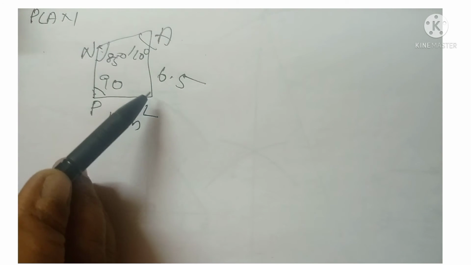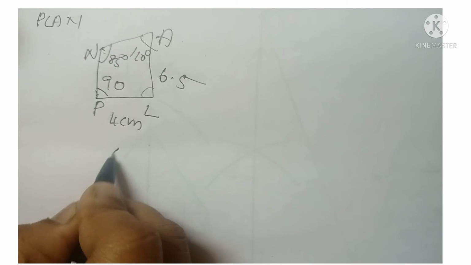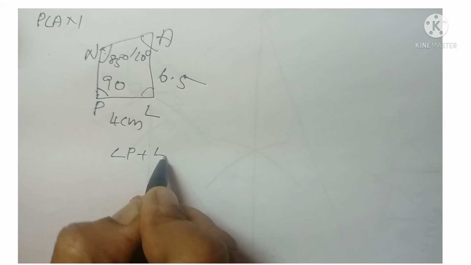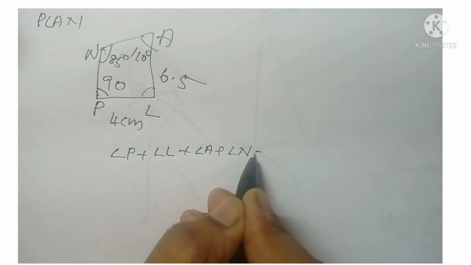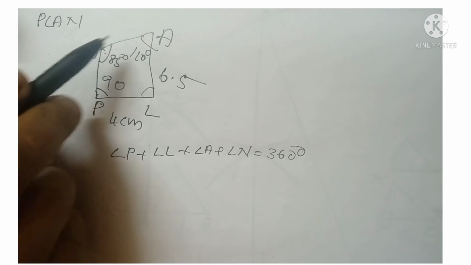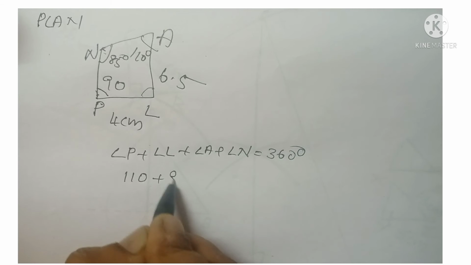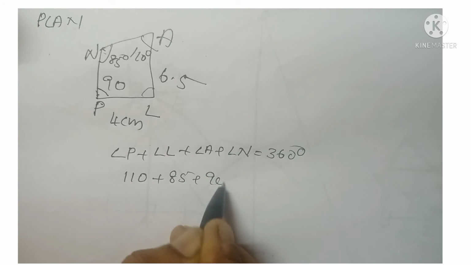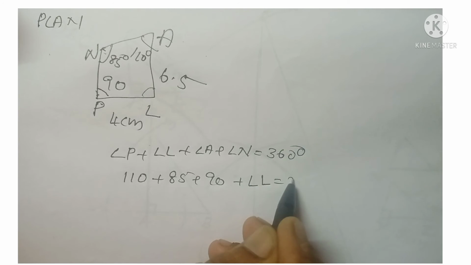So we didn't get the measure of angle L, but we know that the total measure, that is angle P plus angle L plus angle A plus angle N, is equal to 360 degrees. But here P plus N plus A, that is 110 plus 85 plus 90 plus angle L is equal to 360.